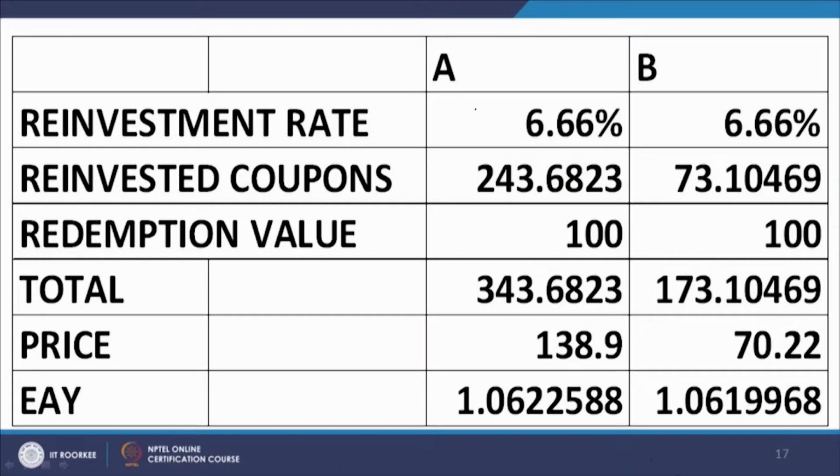The projected reinvestment rate in our case is 6.66%, it is given to us. However, if we assume the YTM rate, then A's coupons would have been invested at 6%, B's coupons would have been invested at 6.1%. And now the reinvestment rate of both the coupons is 6.66%.